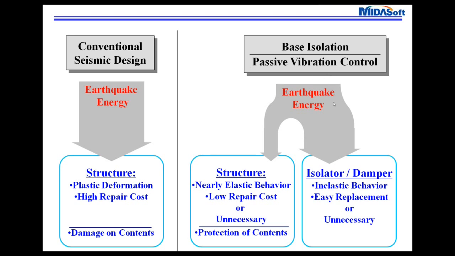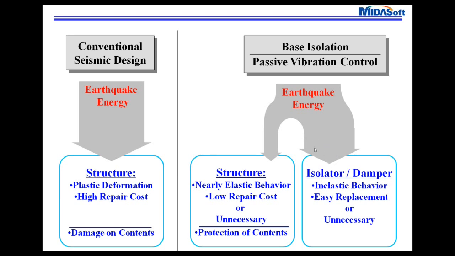But for those of you who, once again, work in higher seismic areas where earthquakes really need to be taken into account, you're probably using something more along the lines of what's listed here on the right side of the slide. For base isolation, also known as passive vibration control, here we have the earthquake energy, but as you can see, most of it is being dissipated into the isolator or the damper. This leads to inelastic behavior and easy replacements. For example, if you have an isolator or damper that's damaged during an earthquake, it can be very simply replaced.